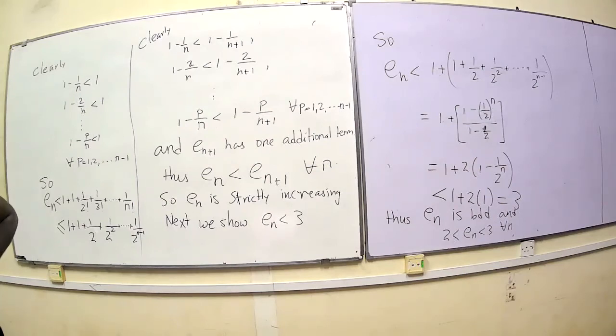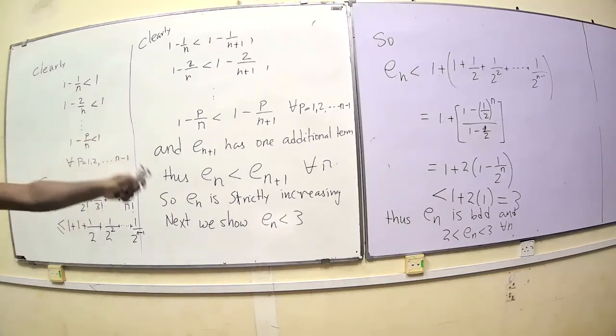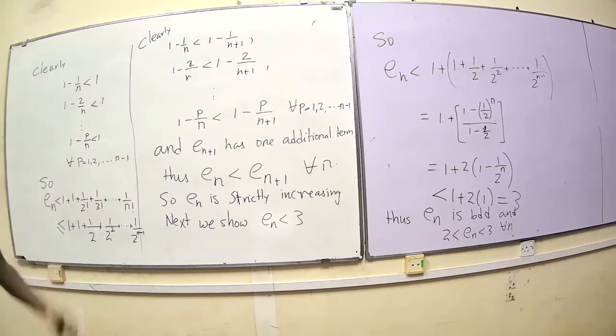So clearly that is strictly greater than 2, right? At the same time here we proved that it is strictly less than 3. So it has a limit. It is monotonically increasing. It is bounded above. So it has a limit. And that limit is a number in between 2 and 3.